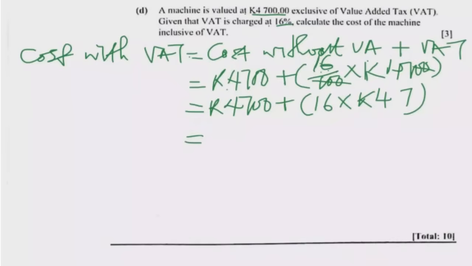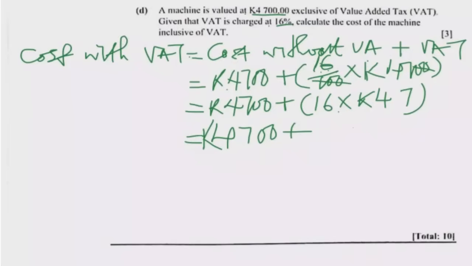Then we write 4,700 plus, so we multiply that. So 6 times 7 will give us 42. Let me just multiply somewhere else because here it will be very confusing, since there are 2 digits.